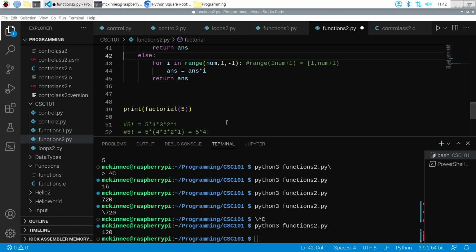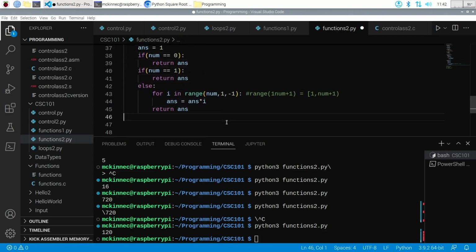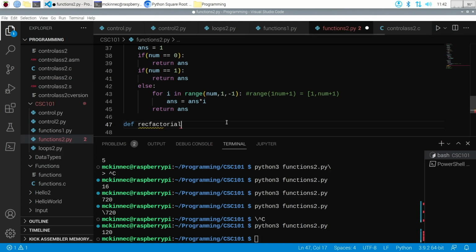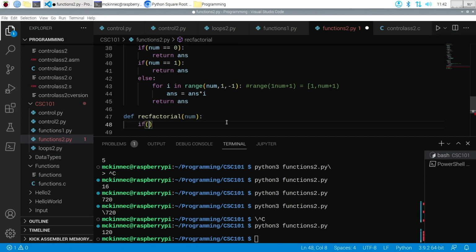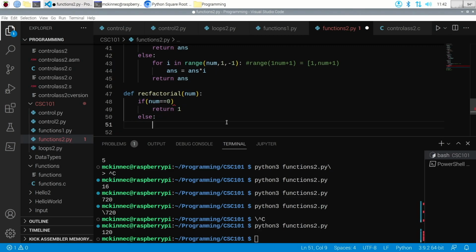I'm going to make a new version of it, and I'm going to call this rec factorial. What the rec means is, it's because I'm about to wreck you guys. Now, if num is 0, what should I return? 1. Else, you guys are going to hate me.